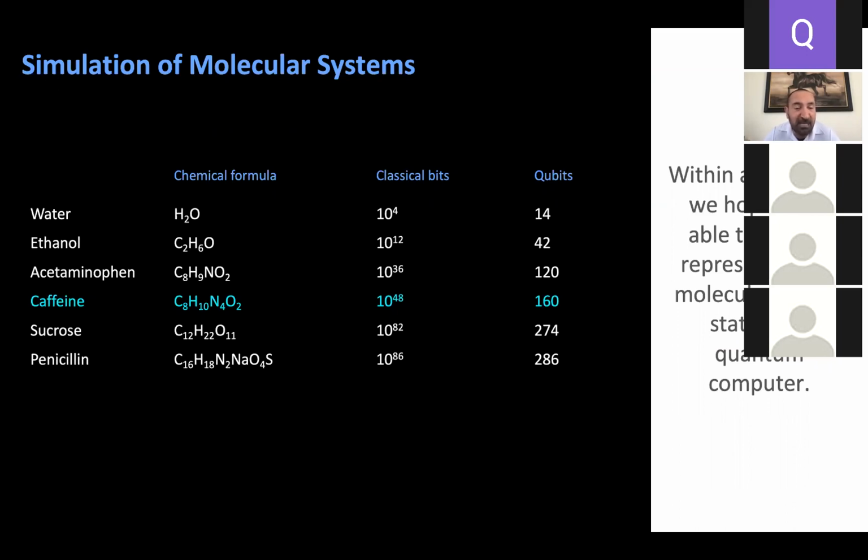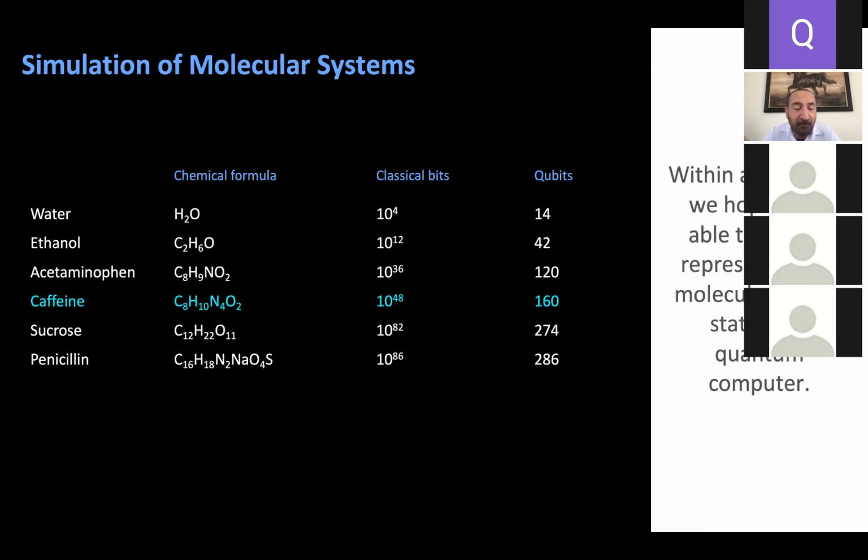because it's not a very expensive computation. But as we move down in this slide, we see that the situation becomes more and more difficult, more and more complex. For example, for the molecule of caffeine, we need 10 to the power of 48 classical bits. So we need a classical computer with 10 to the power of 48 classical bits.